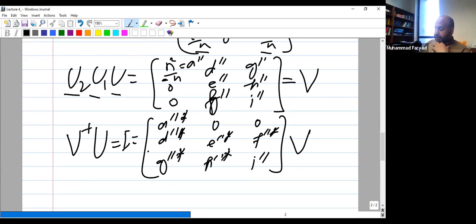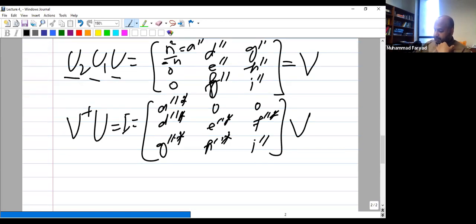Now, when I multiply the first row with this first column, I get A mod square, because in this first row into this first column, there's only A prime into A prime mod square.